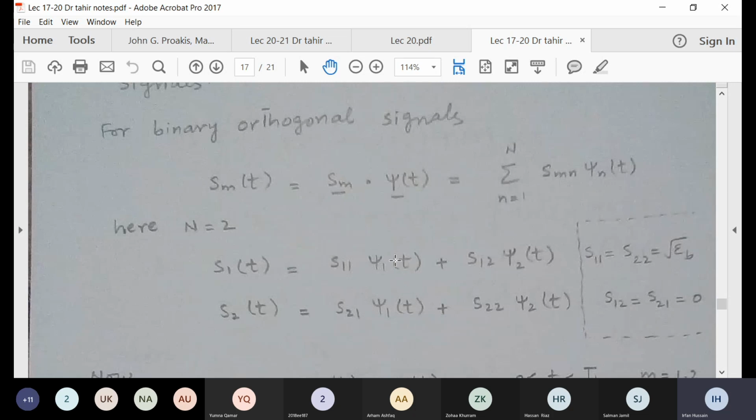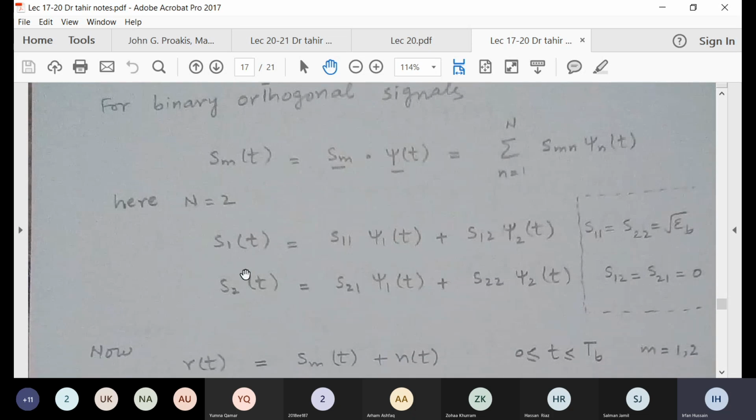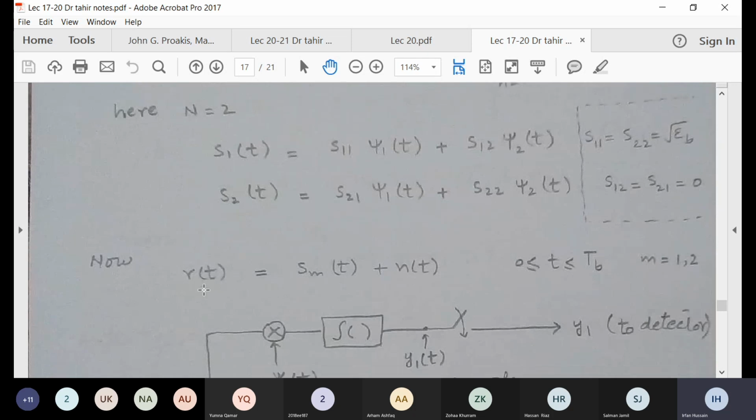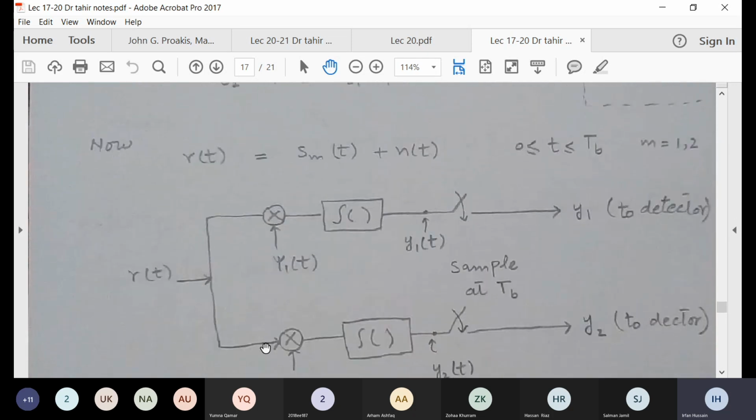Phi1 is defined from one function, phi2 from the other, S2, and both S1 and S2 are orthogonal. This could be your S1, this could be your S2, then you have an AWGN channel, so noise will be added, and this will be the received signal.